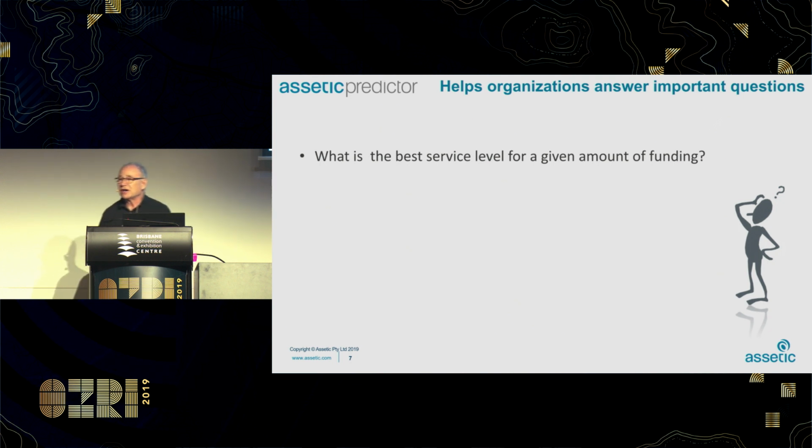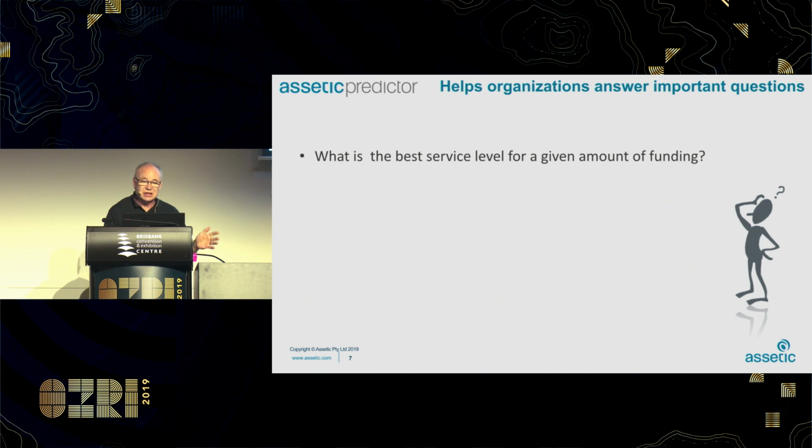We're all about providing service levels to our community. We want to maintain our infrastructure so that we're providing the services that we need to provide to the community. And that takes a certain amount of money. So the question is, what's the best service level that we can get for any amount of funding?